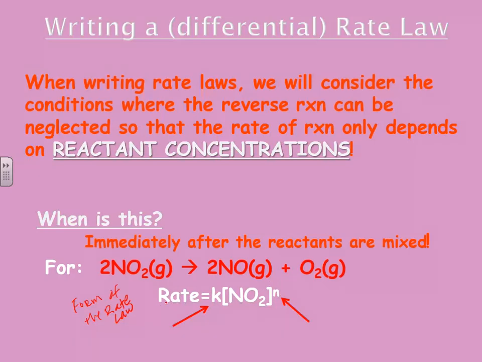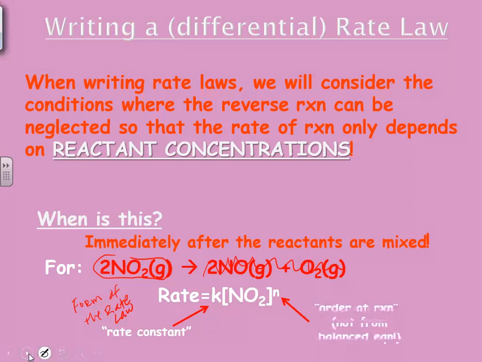The form of the rate law does not take into consideration the products, so you're only looking at the reactant. You would write rate equals k, where k is the rate constant, constant at a given temperature for a given reaction, times the concentration of NO2 raised to the nth power.